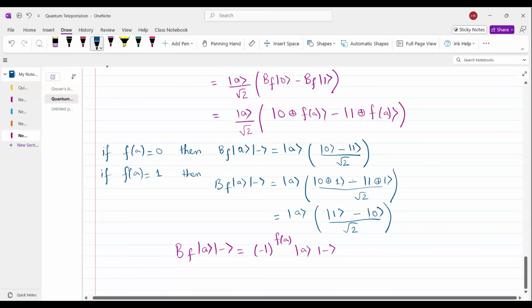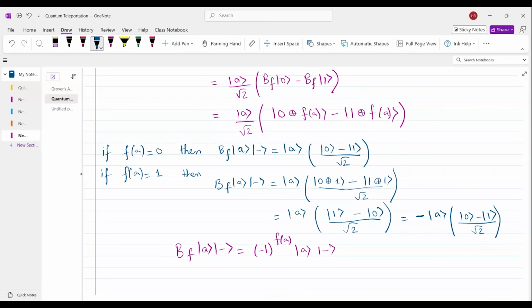Essentially I have taken this minus phase out, and it gives us back the state a tensor product with (0 minus 1 qubit) over square root 2. I have generalized both cases, and we can write it like this.